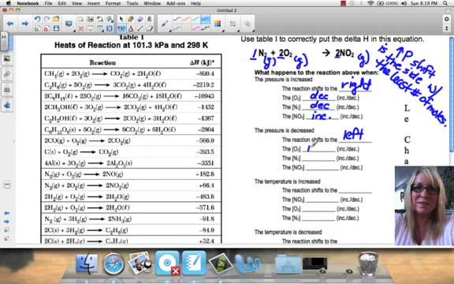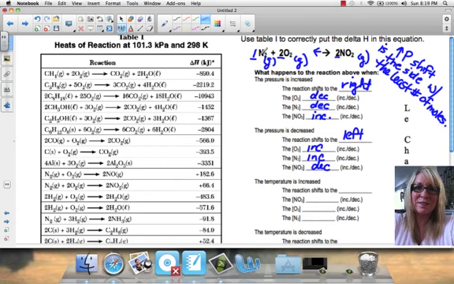So that means they will increase. And your NO2 is going to decrease because that's going to be decomposing. When it shifts this way, the NO2 is going to break down and make more N2 and O2. So this will decrease.